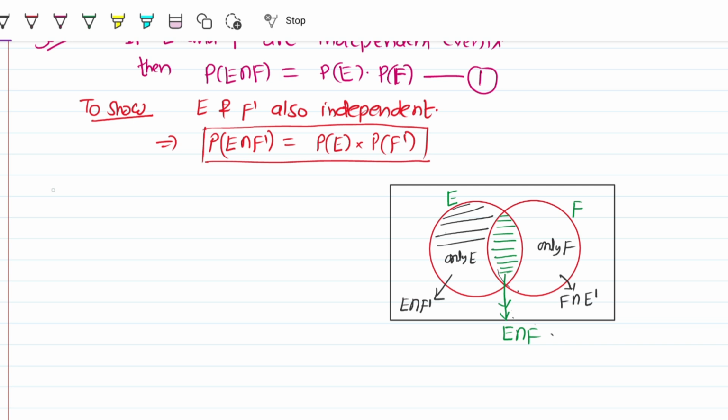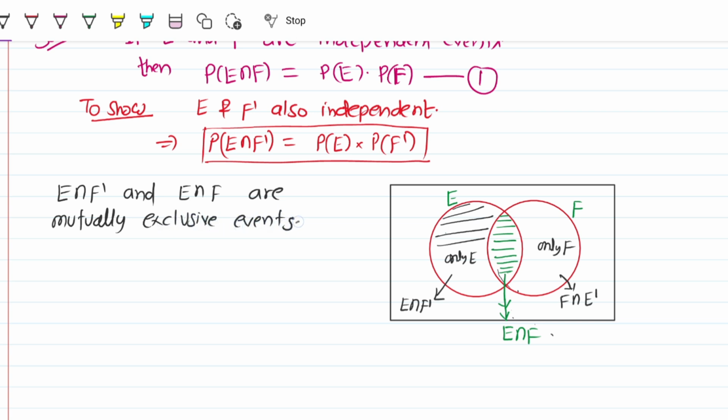Also, you can see from the Venn diagram that E intersection F dash and E intersection F are mutually exclusive events. Why are they mutually exclusive? Because if the intersection is a null set, then they will be mutually exclusive.